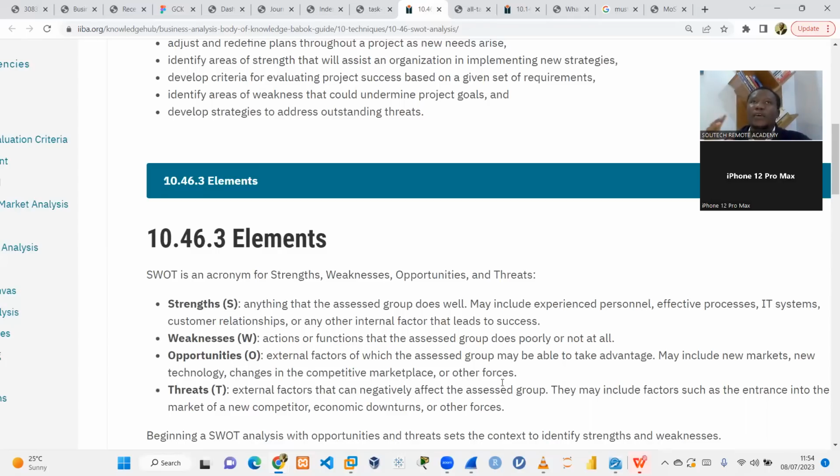A weakness of a hospital can be that they don't do diagnostics. Is it a weakness? Yeah. So what are the opportunities even in that weakness? They can start doing things like collaboration.